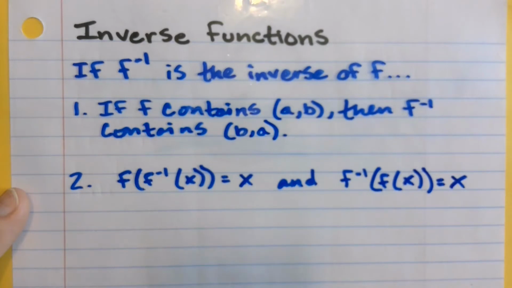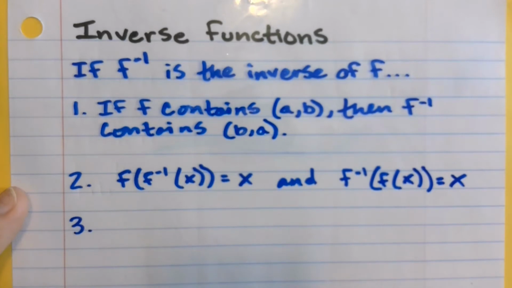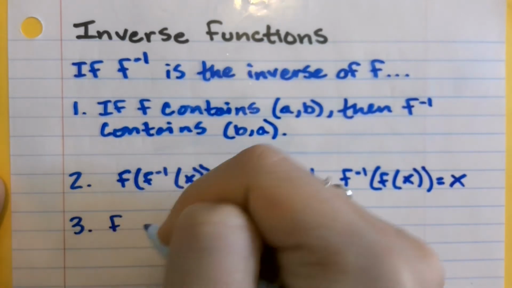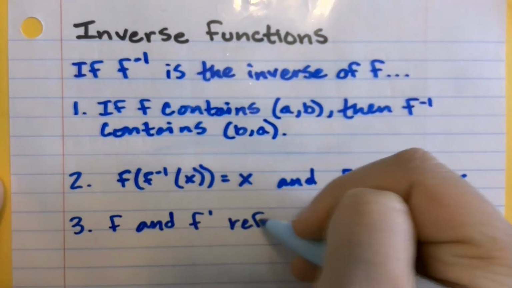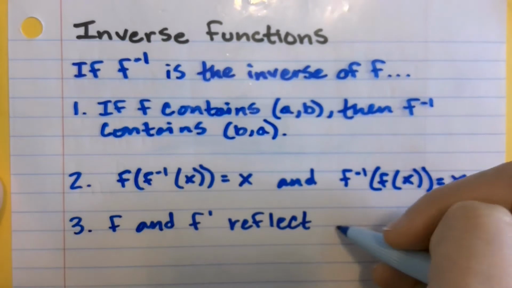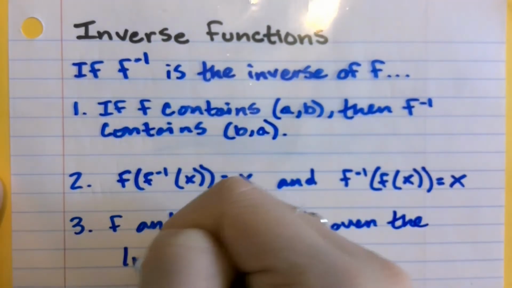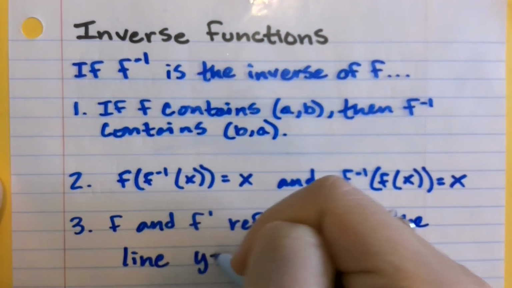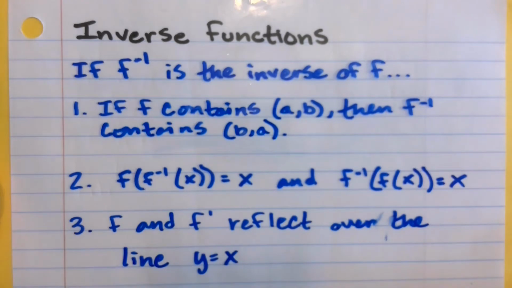This is a really important concept. We're going to come back to that one. And our last one, we learned that f and f inverse reflect over the line y equals x. Sorry, that looks like oven. It's not oven, it's over.